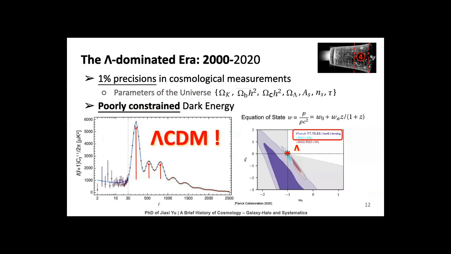Although if you try to not go with a lambda parameter, but with a dark energy model, a dark energy model will come with two parameters, W0 and WA. And here, the lambda model will be this point. But what the data are telling you is that it could be any point in this region.